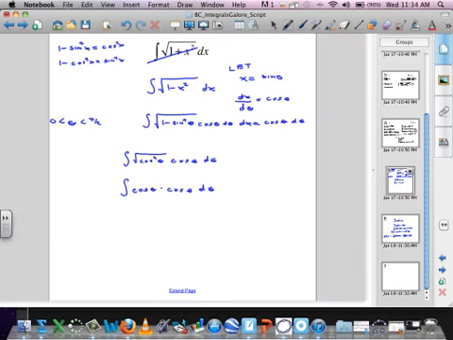Which means I need the half angle identity. 1/2 (1 plus cosine 2 theta) d theta. Now, antiderivative. I'm not going to convert back just yet. Okay, 1/2 theta plus 1/4 sine 2 theta plus a constant.